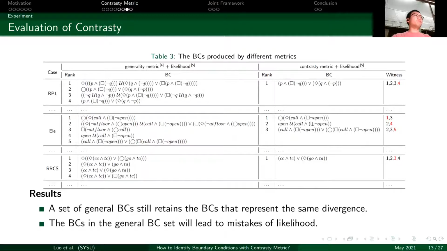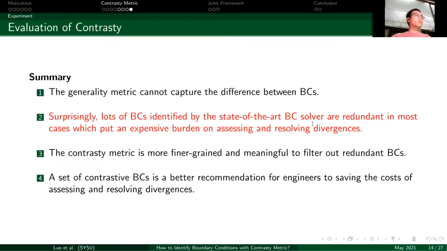In addition, we also observe that the contrastive BCs rank lower in most cases. It shows that circumstances that cannot describe the divergences lead to mistakes in the likelihood and generality metrics. These experimental results confirm that the contrastive metric highlights and selects contrastive species, which is a better recommendation for generators.